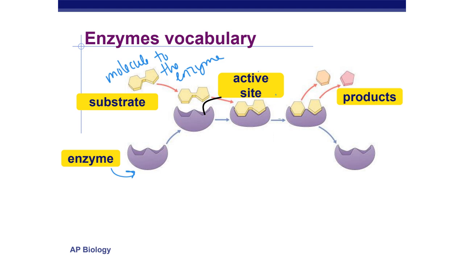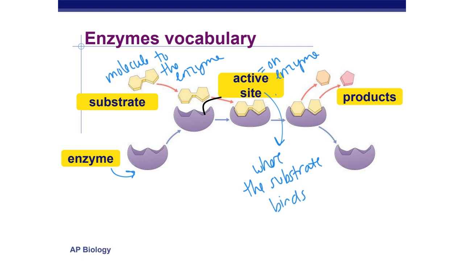The active site is located on the enzyme proper. The active site is where the substrate binds to the enzyme. And there's only going to be one particular spot where it can bind. So that would be the active site. And then the products would be whatever's left over.